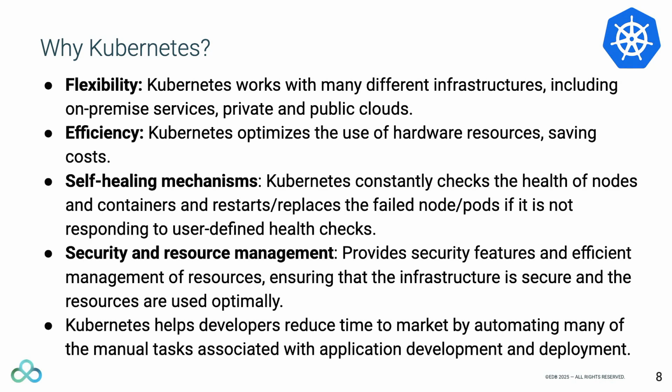You'll need the service discovery to connect your applications to one another. You'll need the self-healing. If you have a Kubernetes node go down, you'll need a Kubernetes primitive like a deployment to recreate your application when it fails. So why Kubernetes? For flexibility, self-healing, and security resource management.